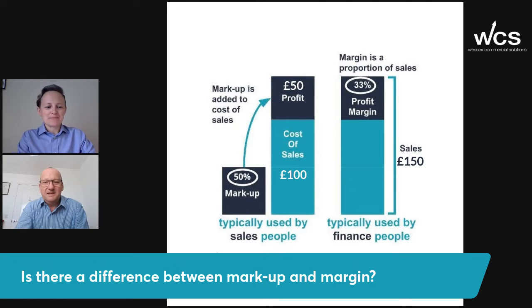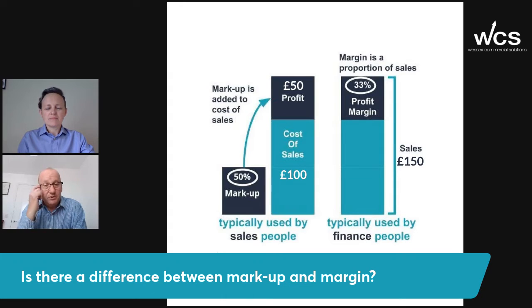Okay. Yeah, this confuses a lot of people, and I've been through this a lot of times with a lot of people. They are different because markup is expressed as a percentage of cost, the direct cost, whilst gross margin, gross profit from financial people, is expressed as a percentage of sales.